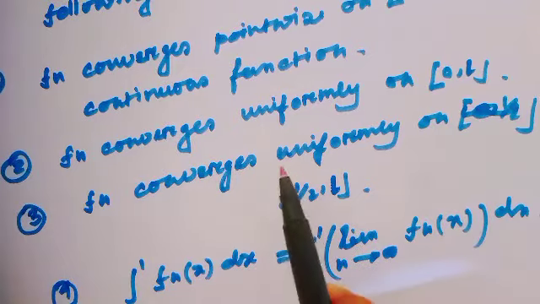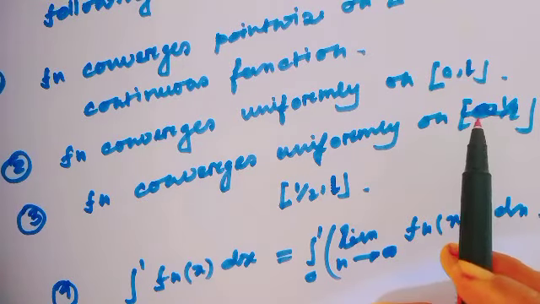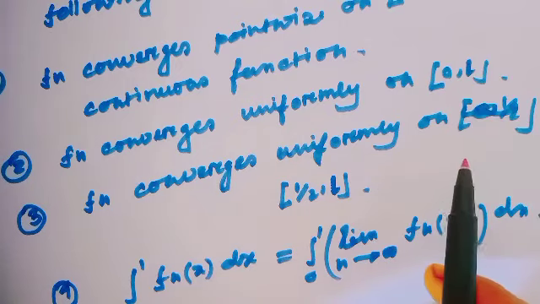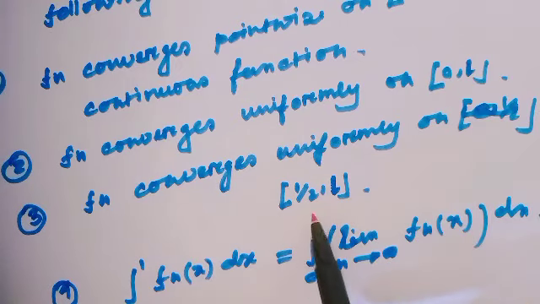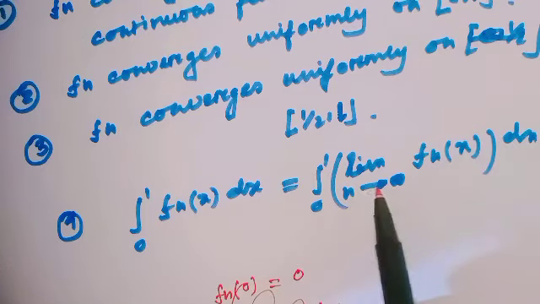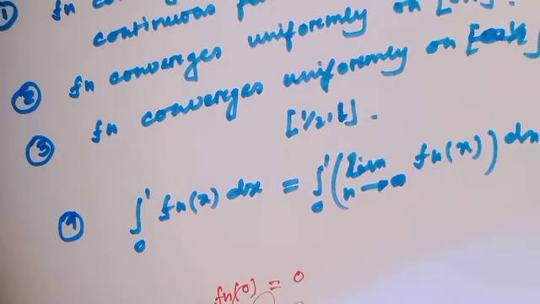Option 2, fn converges uniformly on the set closed 0, 1. Option 3, fn converges uniformly on the set closed half to 1. And option 4, integral 0 to 1 of fn(x) dx equals integral 0 to 1 of limit n tends to infinity fn(x) dx. Okay?